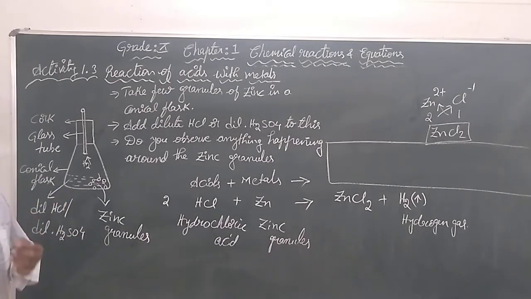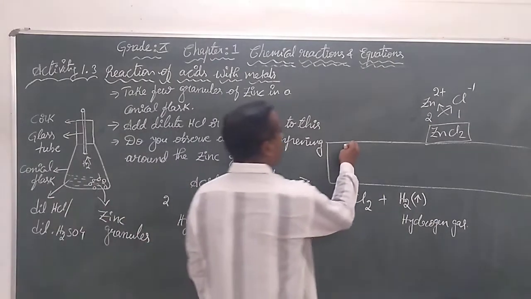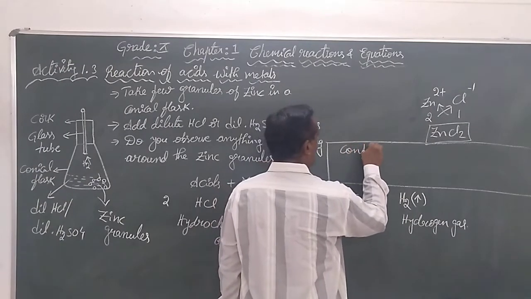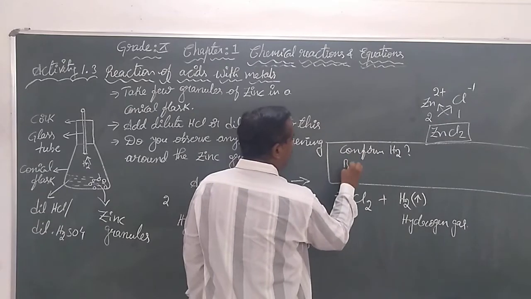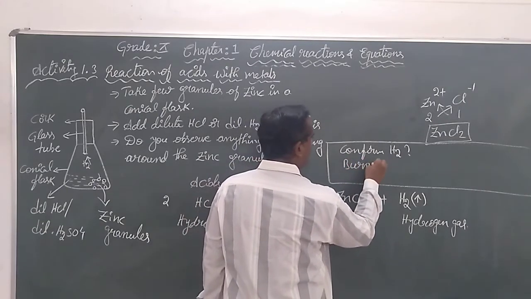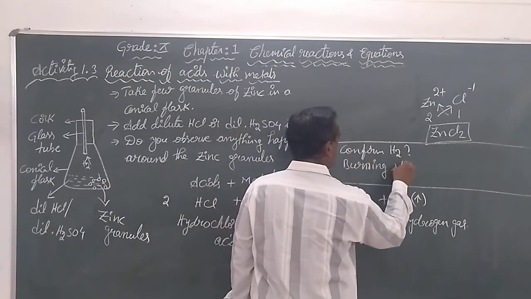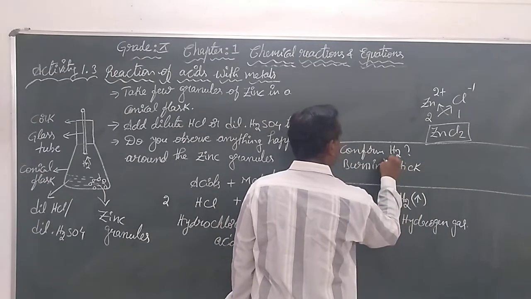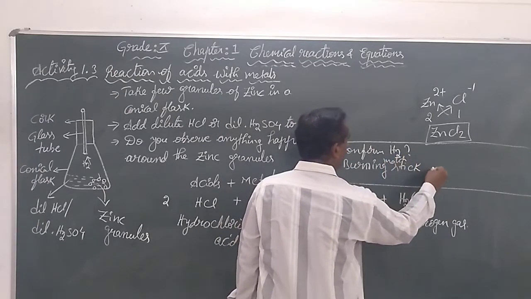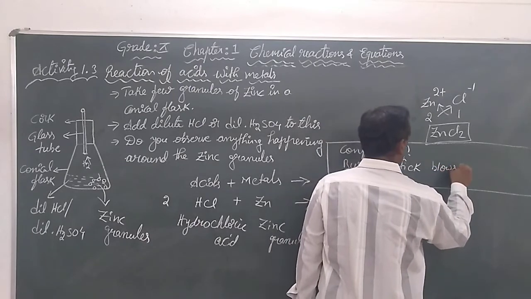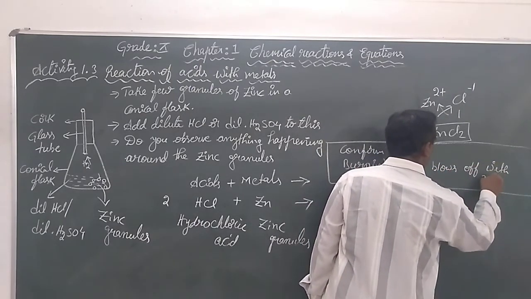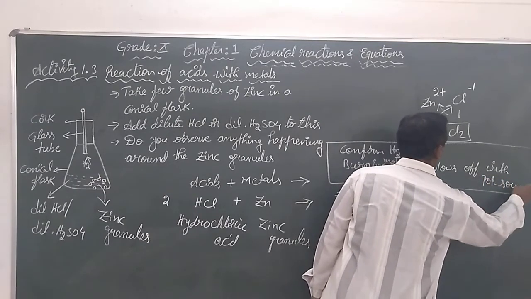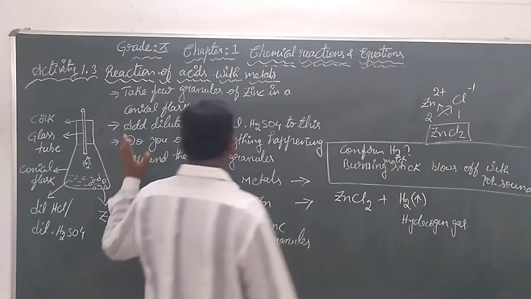So, a very important question: how do you confirm hydrogen gas? When a burning matchstick is brought near the mouth of the test tube, it blows off with a pop sound.